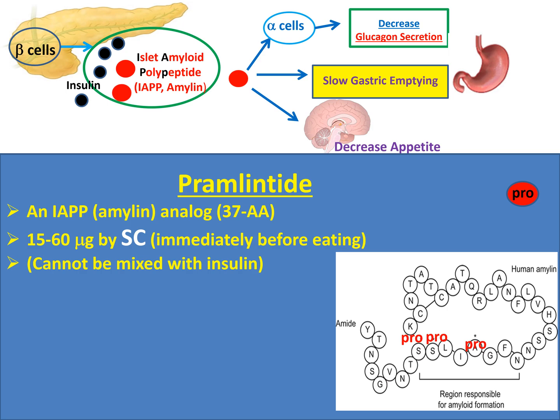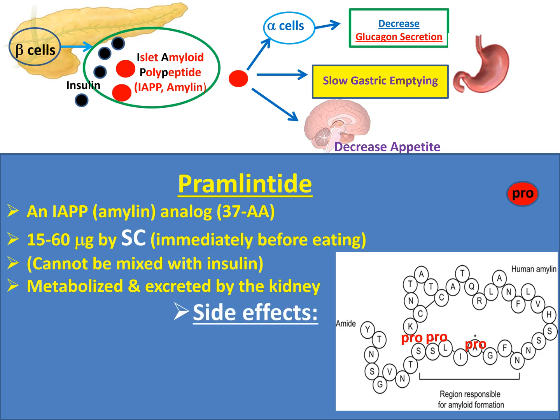Now, this drug is supposed to be given by subcutaneous injection, immediately before eating. And it cannot be mixed with insulin. Now, this agent will be metabolized and excreted by the kidney.